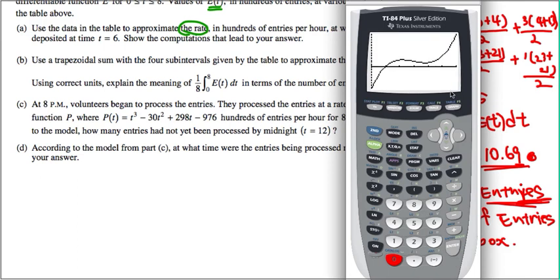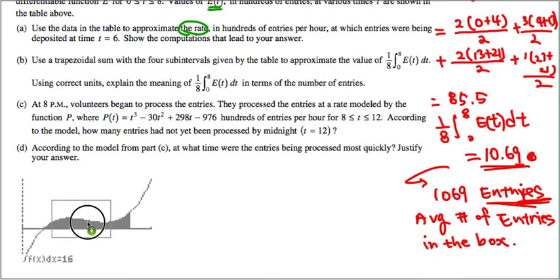That's what we end up getting. So what we like to do is second trace, calculate, number 7 once again. The lower limit is equal to 8 and the upper limit is equal to 12. Then we end up getting 16, as you can see here.